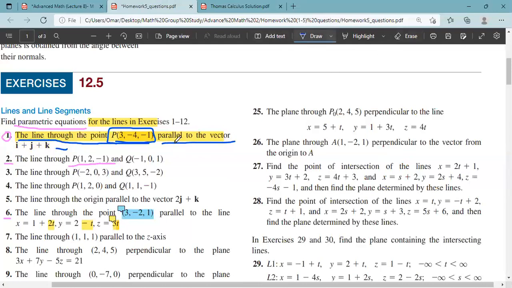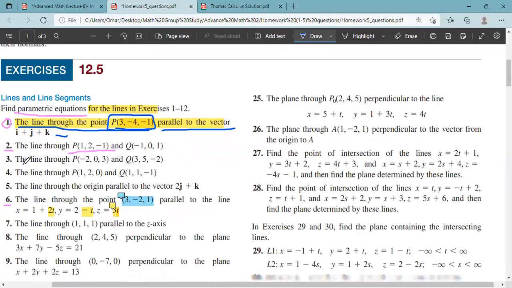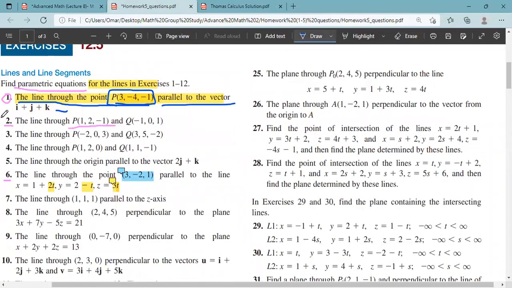So if you look, maybe some questions like number 2, number 6 and number 1, they are different, right? For the first question we are given a vector and then a point, but in the second question we are given only 2 points. There is no vector, right?